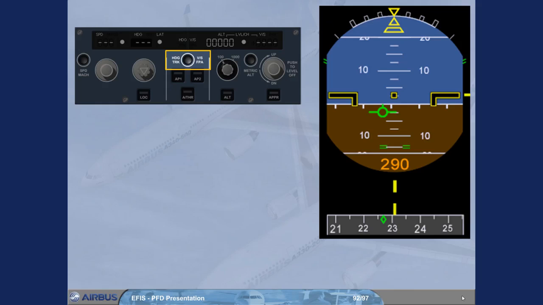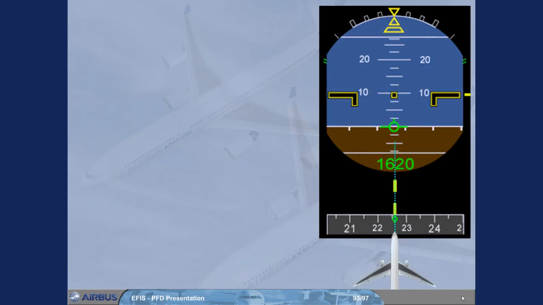Let's look at the flight path vector in a bit more detail. To begin with, we will look at the indication for an aircraft in level flight with no drift. For training purposes, we will exaggerate the angles. The aircraft heading and track are the same, so the flight path vector and the track diamond are in line with the heading marker.